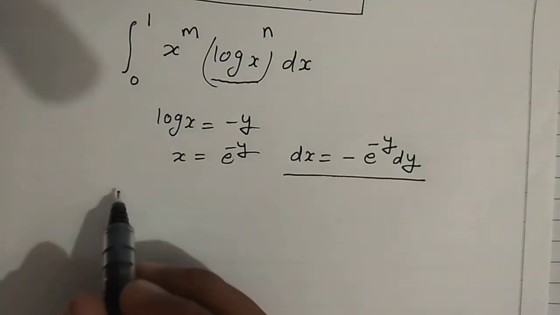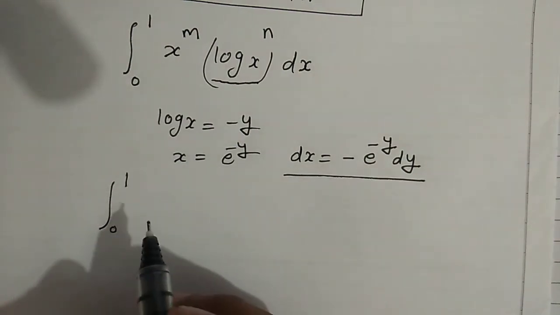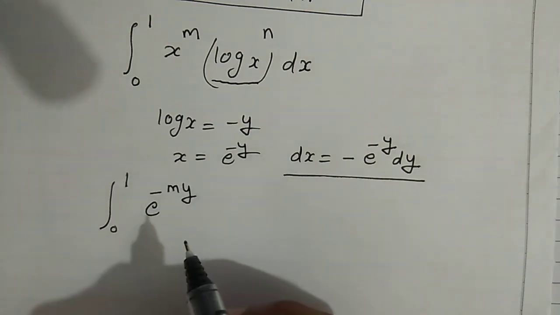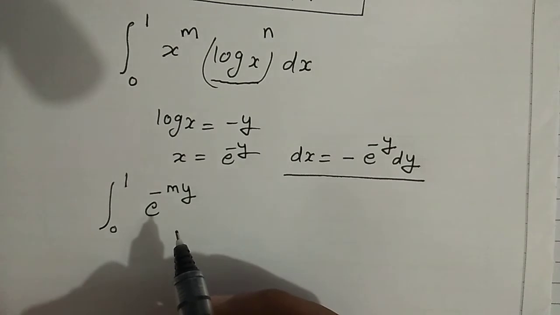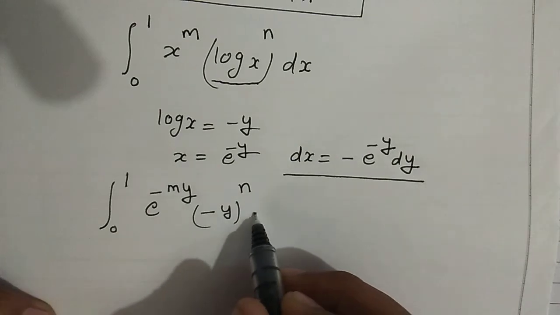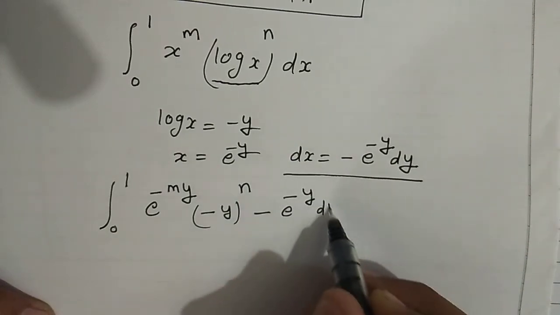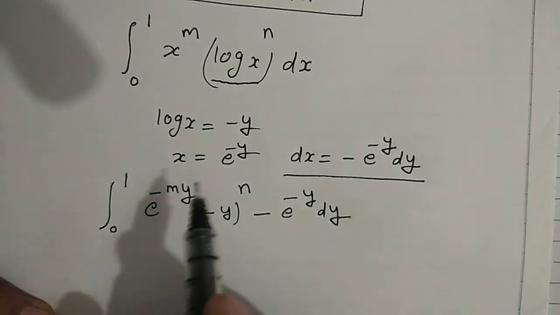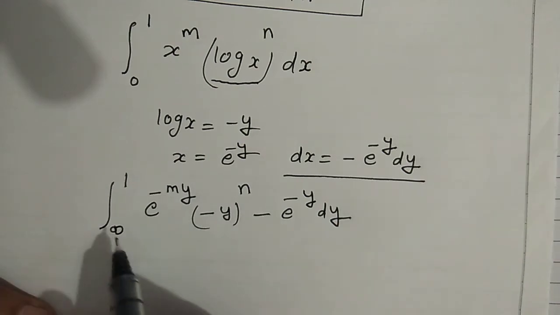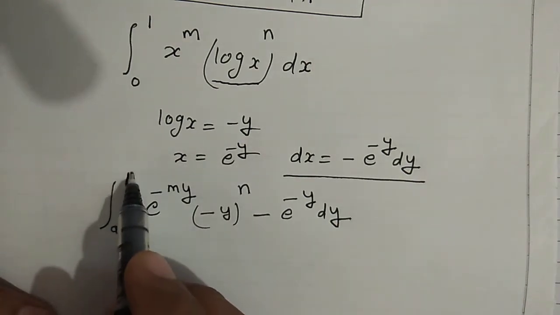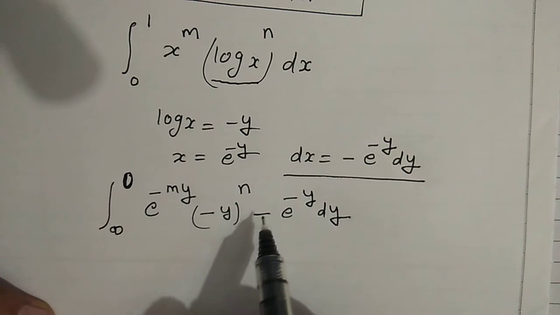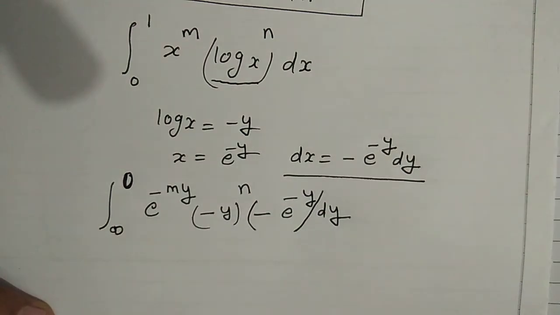Now substitute: from 0 to 1, x power m means e power minus my, and log x equal to minus y, so (minus y) power n, and dx equal to minus e power minus y dy. For the limits, x equal to 0 gives y infinity, and x equal to 1 gives y equal to 0, so infinity to 0.